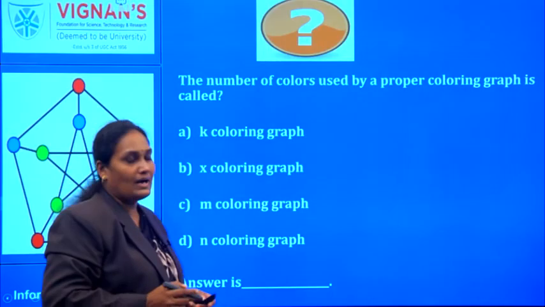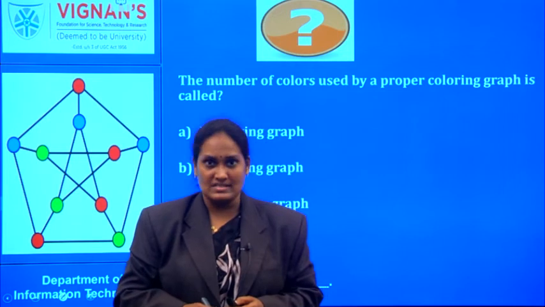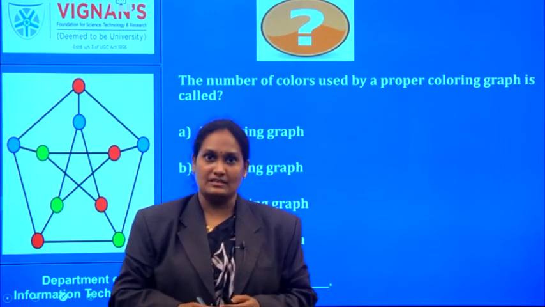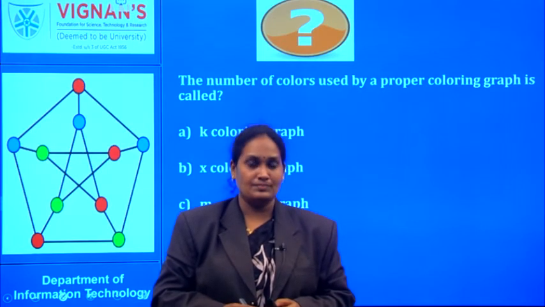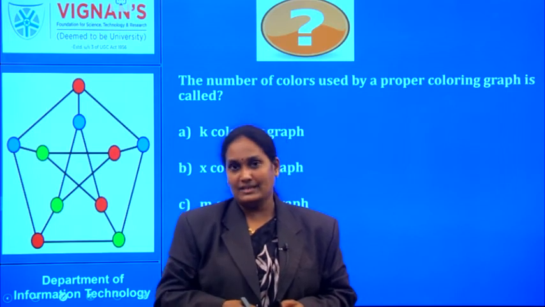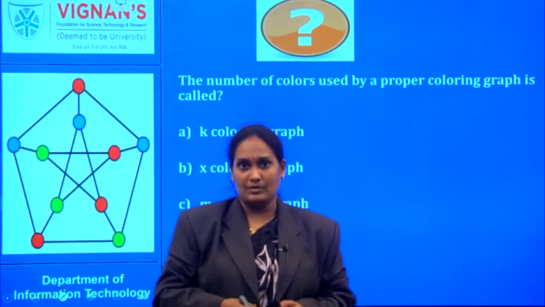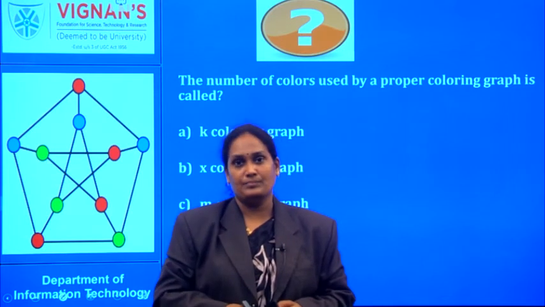I hope you all understood the graph coloring problem. I am going to summarize the concepts we explained in this session. We explained what is proper coloring of a graph and what is the graph coloring problem statement. We saw the M colorability problem, and also the chromatic number.